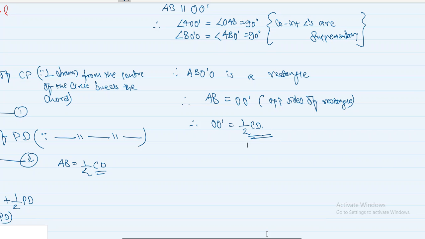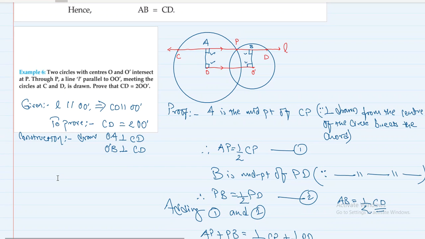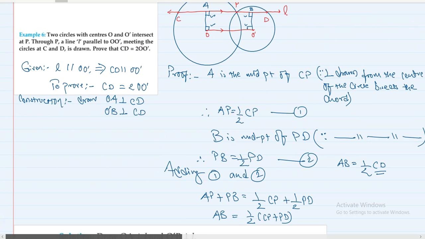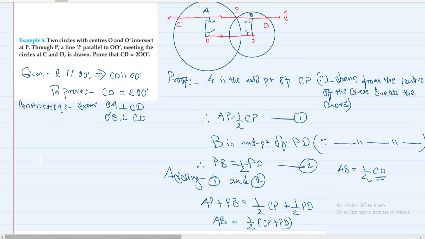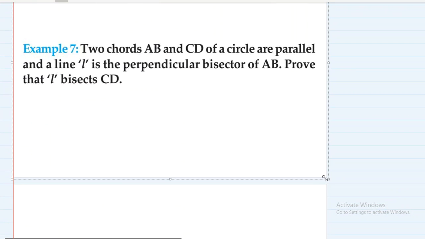That's what we wanted to prove. Or CD is 2 times OO dash. Cool. So this is done. Question number 6. Please note it down carefully. Let's go to question number 7.